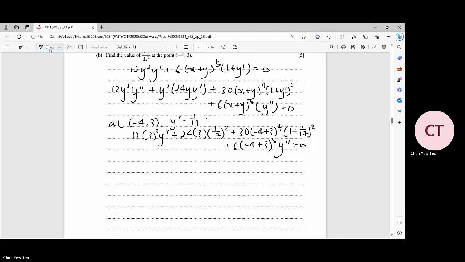You get 108 minus 6, so it's 102 y double prime, plus 24 times 3 divided by 17 squared, which is 72 plus 289.